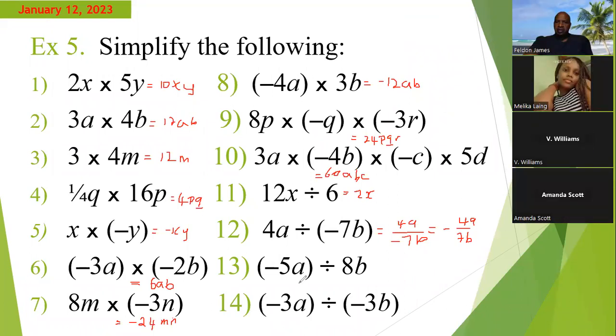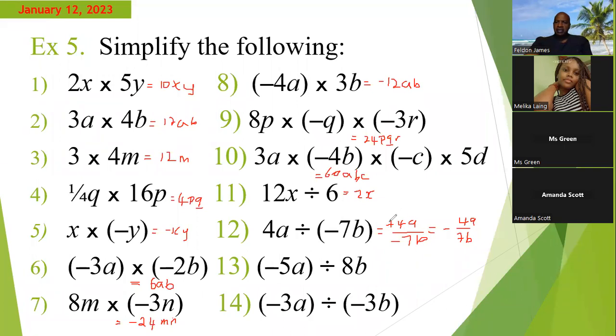So, could you explain it again, sir? Right, Miss Green, that was you? Yes, sir. Right. So remember we were using the rules from integers. If you're dividing, the 4a up here would be a positive 4a, even though we don't have a positive sign up there, and the denominator would be a negative 7b.